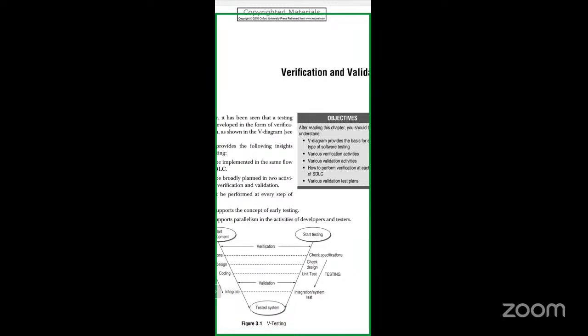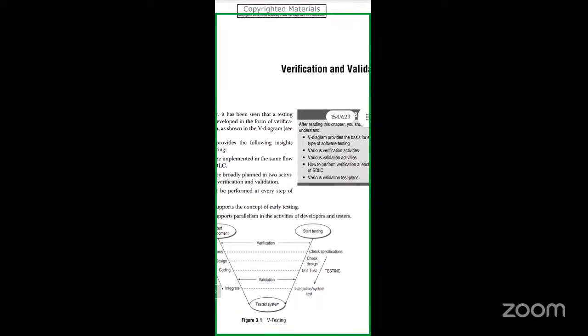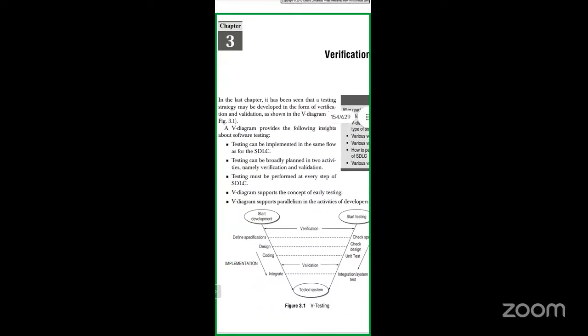It is looking like a V. The first phase we can say is start development. Then we are going to go for the tested system, and then we are going to have the start testing.